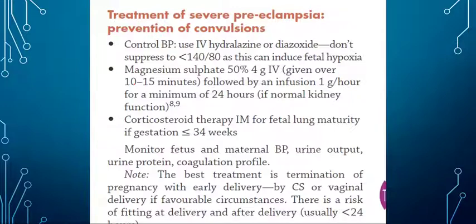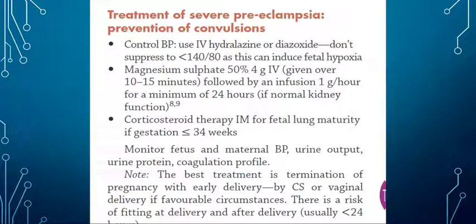Now let's see how we treat a patient with preeclampsia. In case of mild preeclampsia, sometimes the only thing you need to do is give them blood pressure lowering medication and control the blood pressure. But for severe preeclampsia, because this patient is at high risk to develop eclampsia later on, you have to send the patient to the hospital.